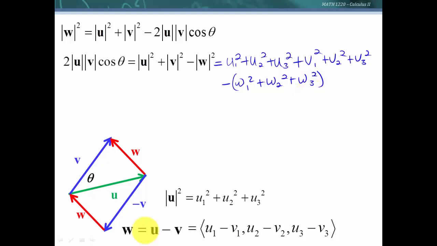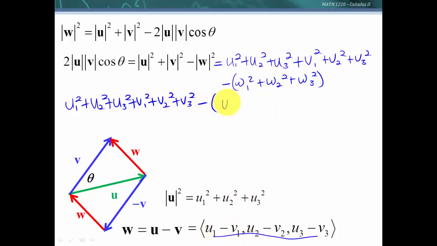Now we have that w equals this in its component form, so we could go ahead and express that. So we would have u1 squared plus u2 squared plus u3 squared plus v1 squared plus v2 squared plus v3 squared minus, and here we'd have u1 minus v1 squared plus u2 minus v2 squared plus u3 minus v3 squared.